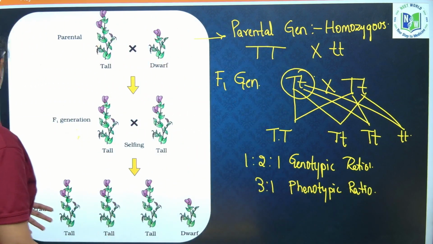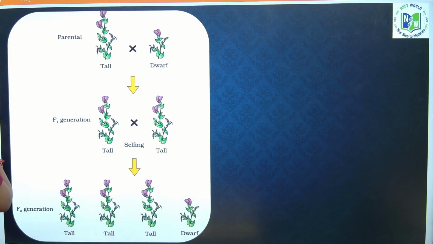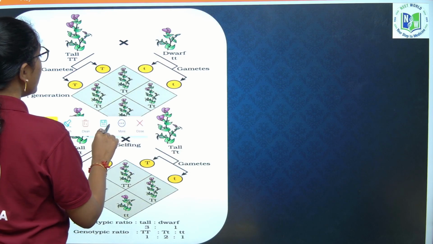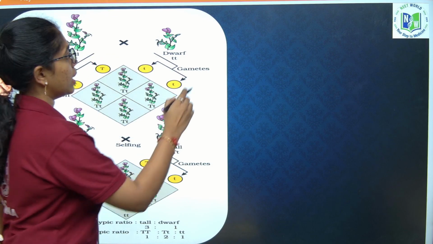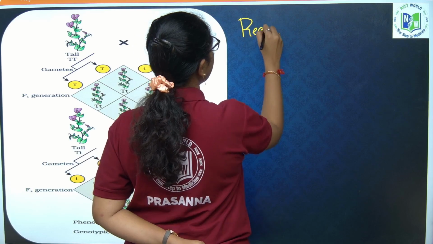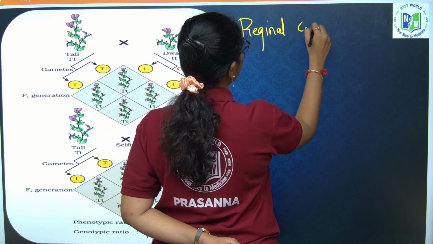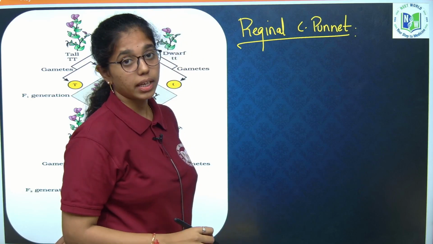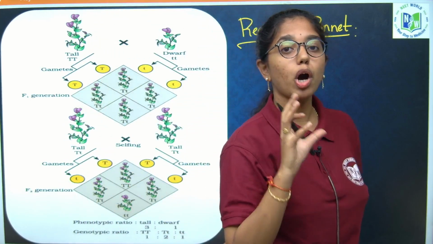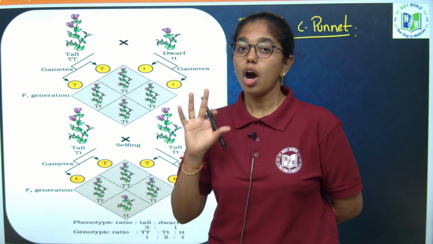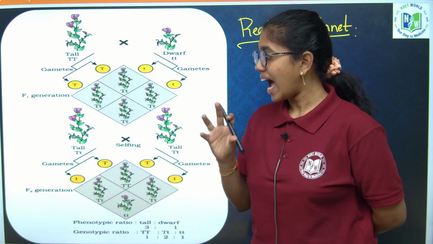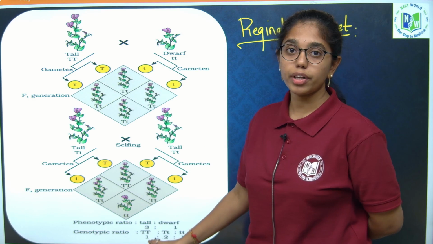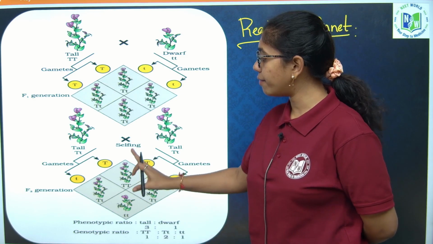Clear? Next, it is Reginald C. Punnett who gave us the graphical representation to depict all the possible unions of gametes, and thereby we can easily take down the phenotypic and genotypic ratios of every cross.